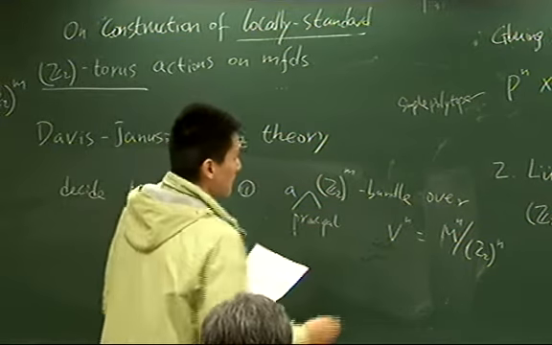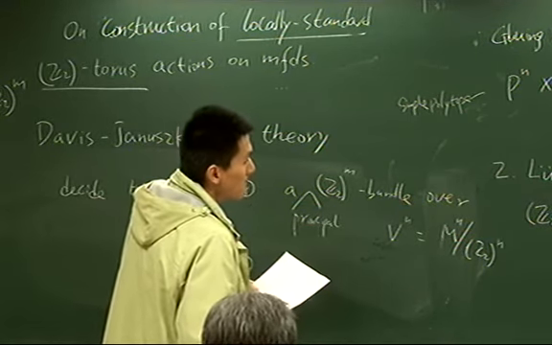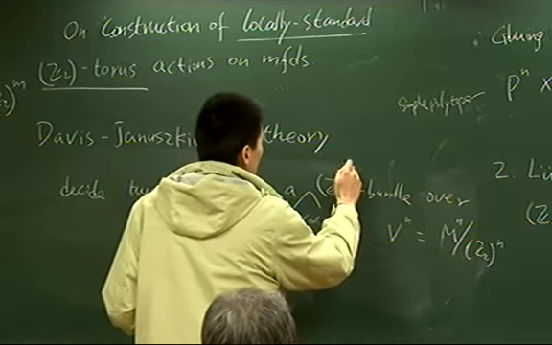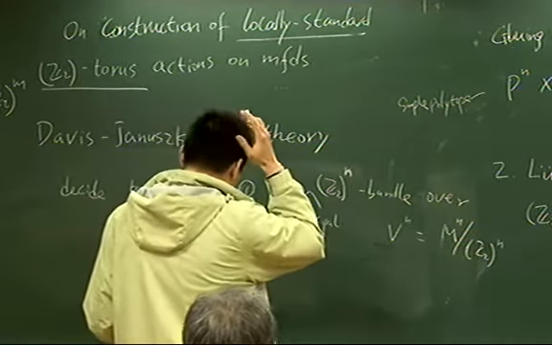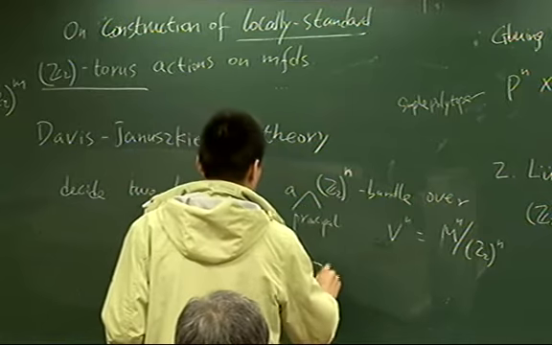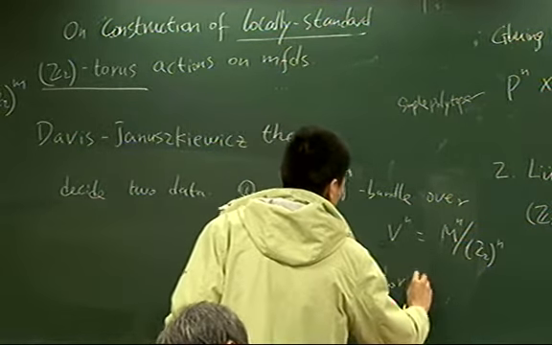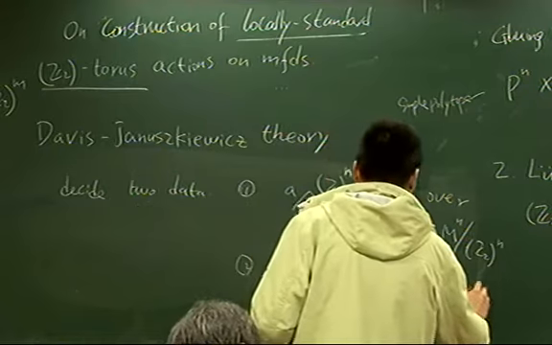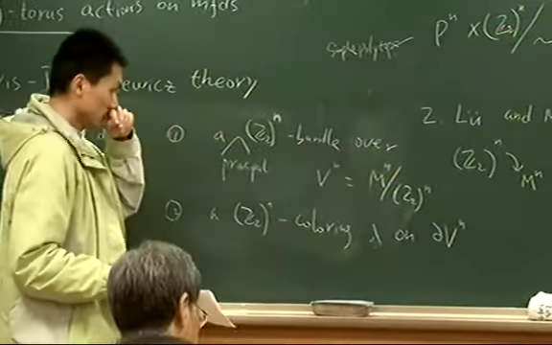The Z2^n is not the principal Z2? Oh, right. Yes, it's a Z2^n bundle. And also we have a Z2^n coloring lambda on the boundary of this.